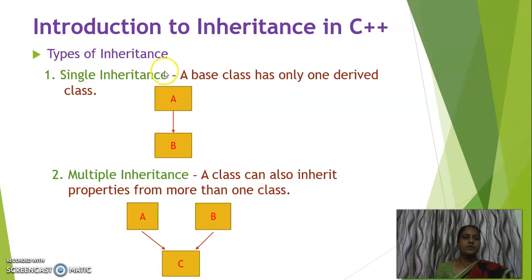Then the types of inheritance. Single inheritance: a base class has only one derived class. This is the form of single inheritance. Here A is the base class and B is the derived class. This type has one base class and one derived class.